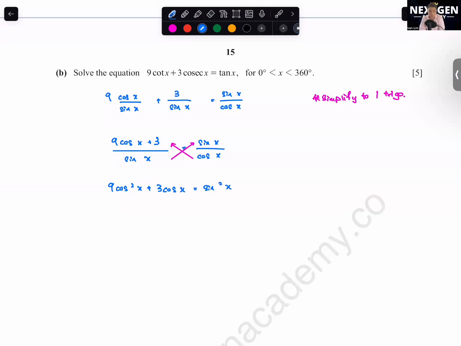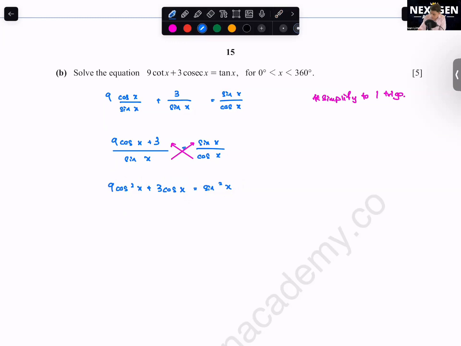This one is still not good because I have two trigo. So either I change it all to cos or all to sine. For me, we change it all to cos, because this one I cannot change, but the square I can change using an identity. So if you are deciding whether to change to cos or sine, think about changing the trigo square.